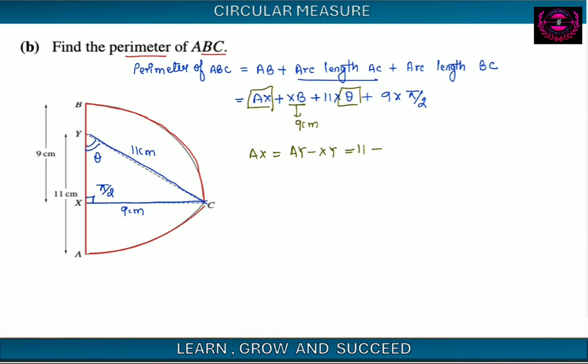So 11 cos theta. Value of theta we already calculated in part 1, and that was 0.9582 radians, which we already calculated in part 1.